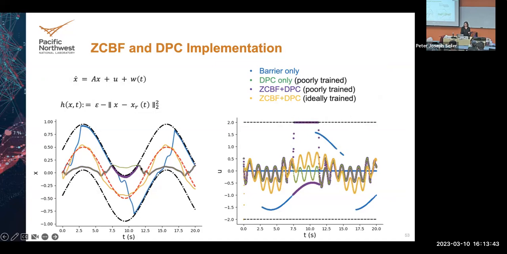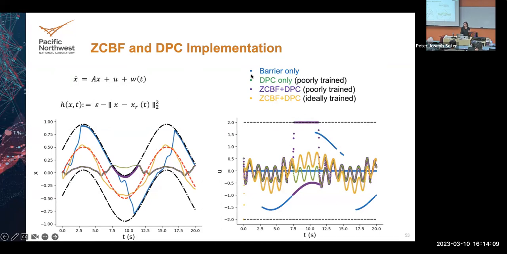So the red line is the set point that we want the output to track. The black lines are the constraints that define the control barrier function. So you don't want the output of your system, or the state of your system in this case is the same, to get outside.